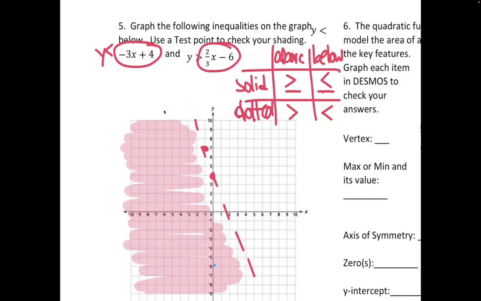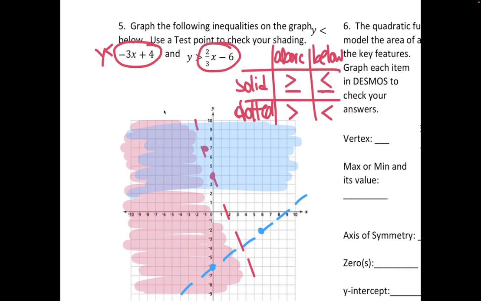Okay, so I'm going to come over here. 0, negative 6, 6, negative 2. And again, there's no line underneath that inequality. So I'm going to draw my dotted line. My first one was less than. I shaded below. Now this one, though, is a greater than. So I can see I need to shade above.